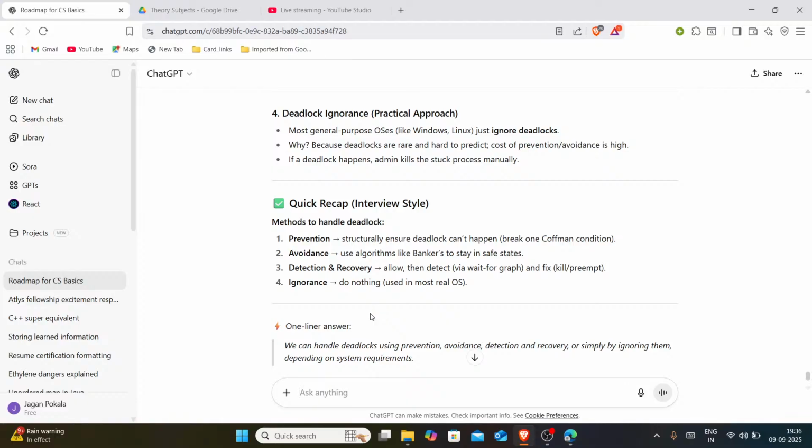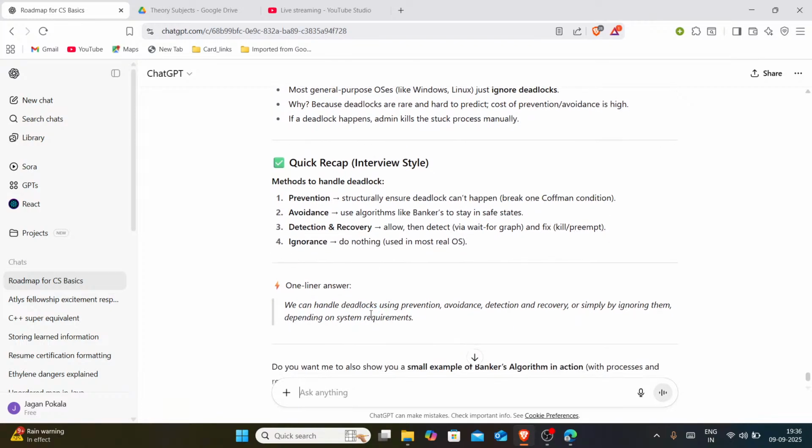Detection and recovery: detect via the wait-for graph and fix. Ignorance: do nothing. You can handle it by prevention, avoidance and recovery, or simply by ignoring, depending on what the system requires.